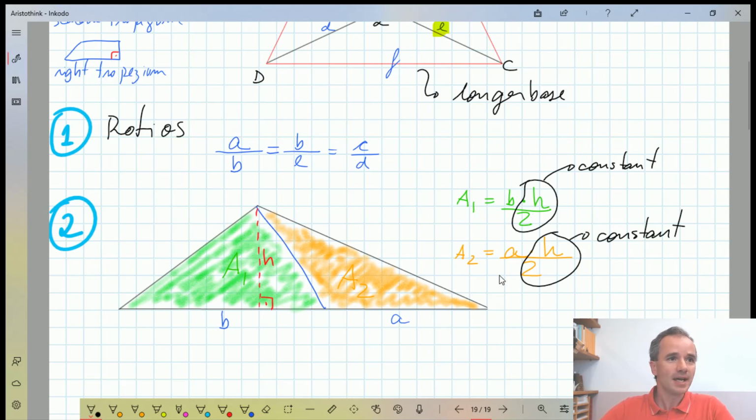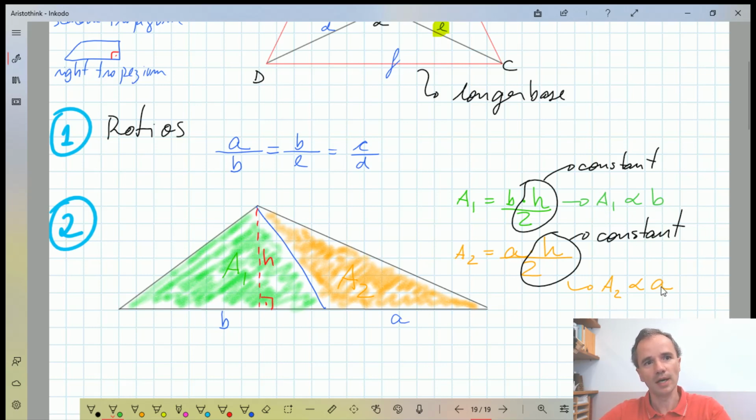So I can safely say that when I'm dealing with this area A2, the area 2 is directly proportional to the side A. And I can also say that area 1 is directly proportional to the base B. Base B, and this is base A. What it means is, if I double B, I double the area.